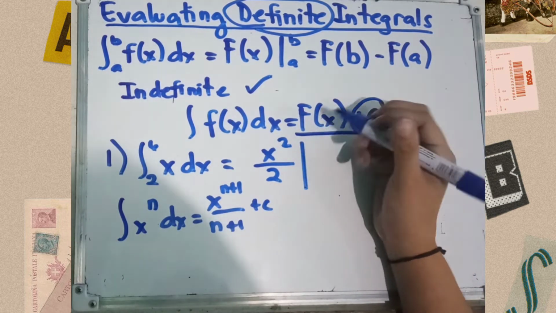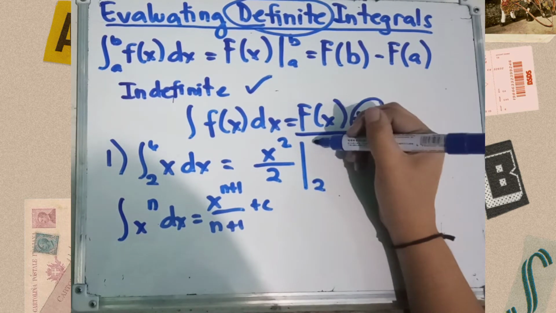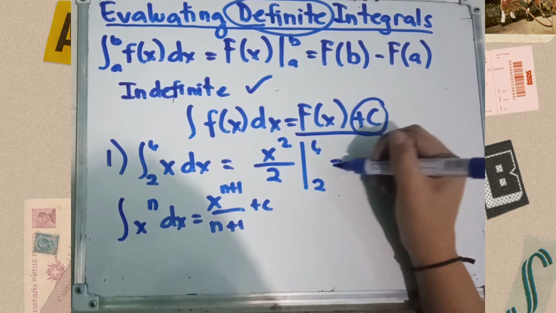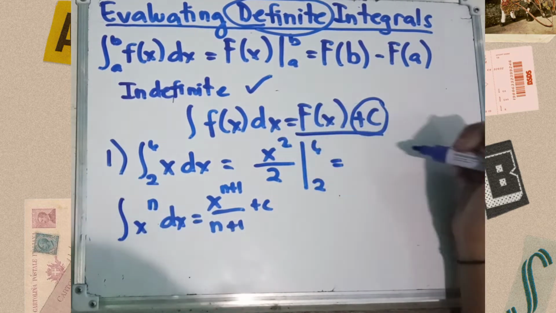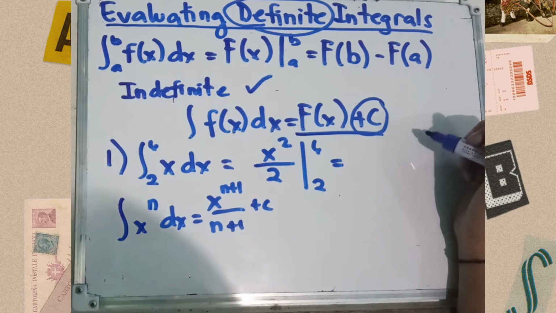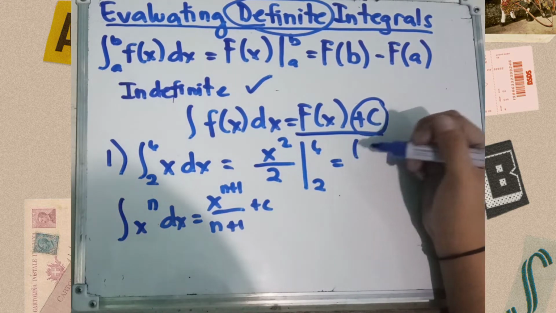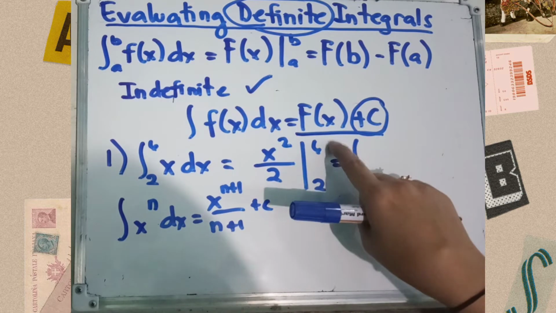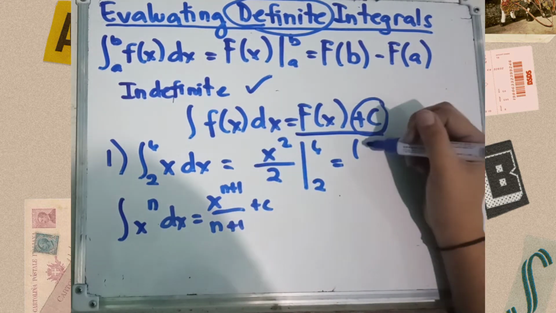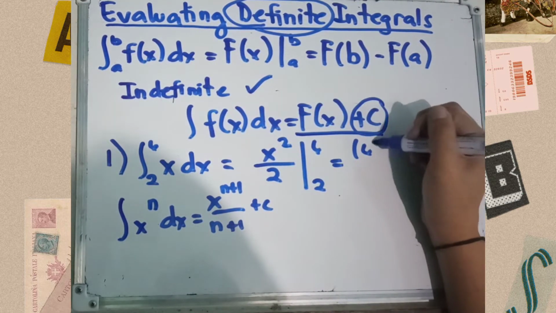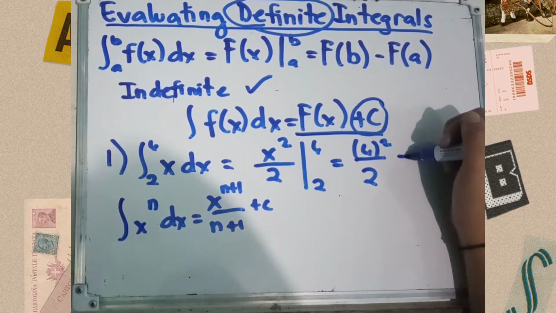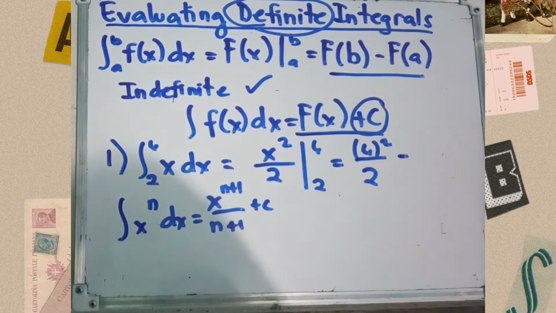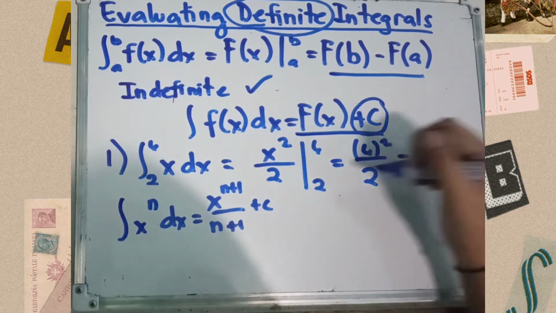Now evaluating, we simply substitute the value of the lower limit and the upper limit to the function. We start with the upper limit 6, so x will be 6 squared over 2, minus the value of the lower limit, which is 2 squared over 2.